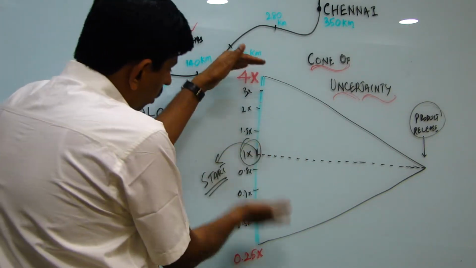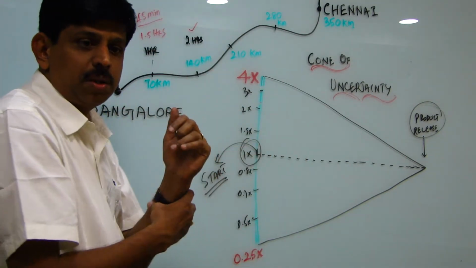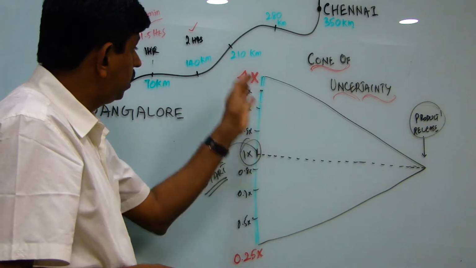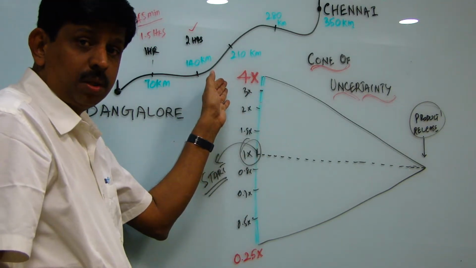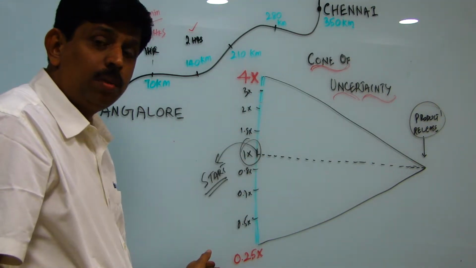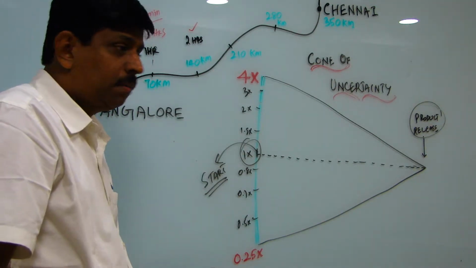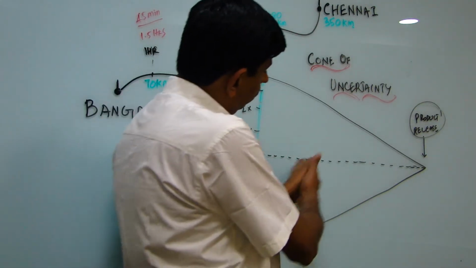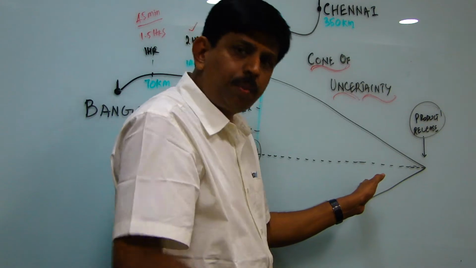When you start a project that we estimate at 6 months, it can actually go as big as more than 2 years, or it can be done in even 2-3 months. It's possible.